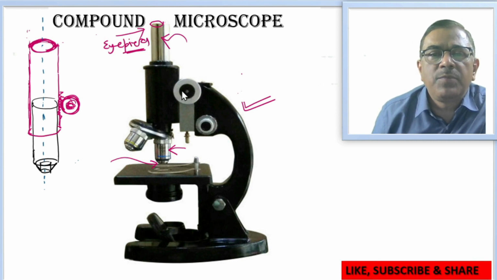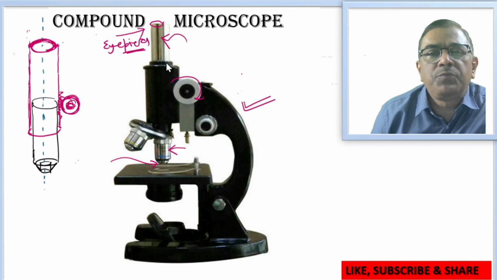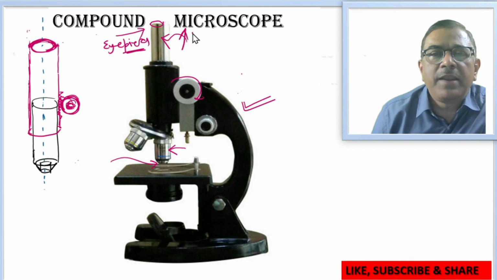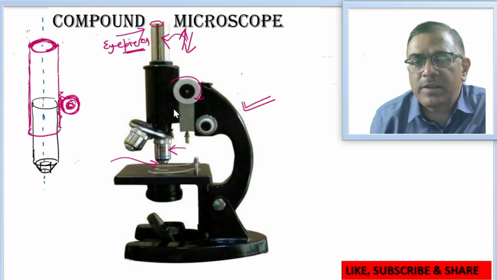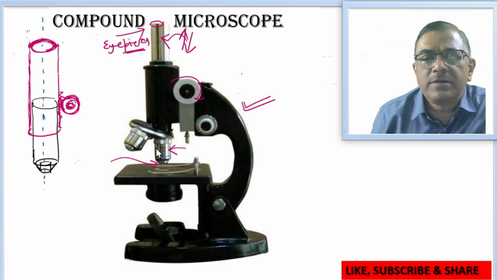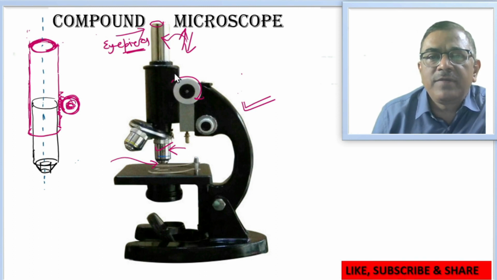Can you see this knob? By rotating this knob, this coaxially placed tube can be moved up and down. What is important here is that the cylindrical tube attached with the objective lens is fixed, while the tube carrying the eyepiece is movable.